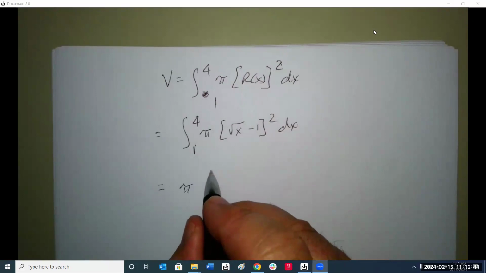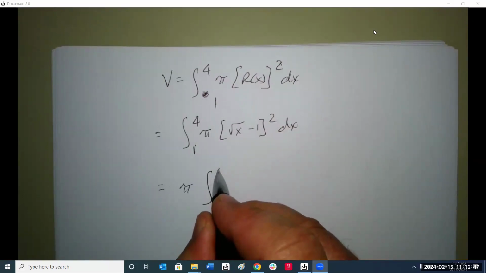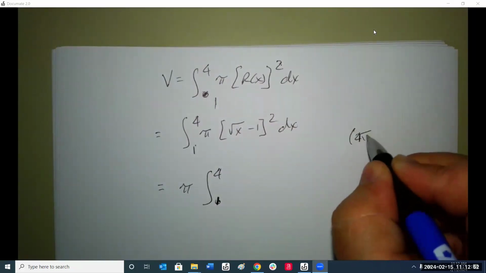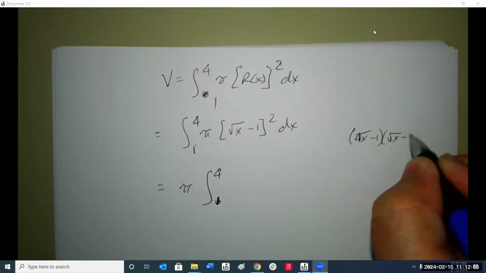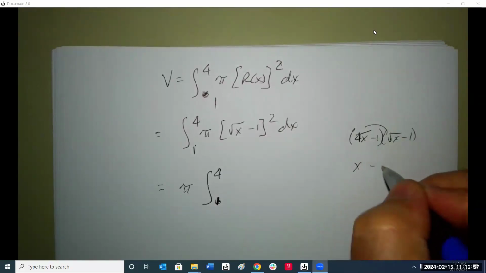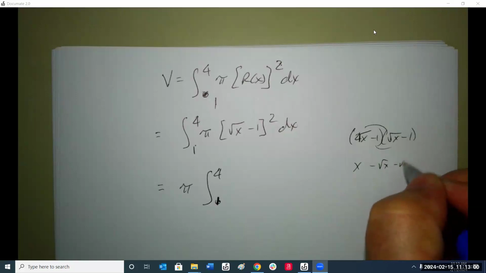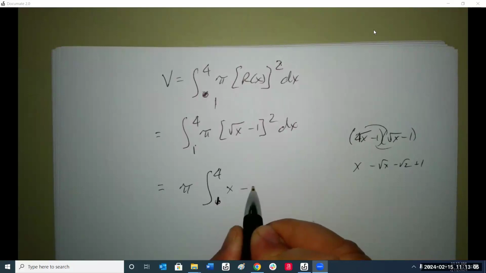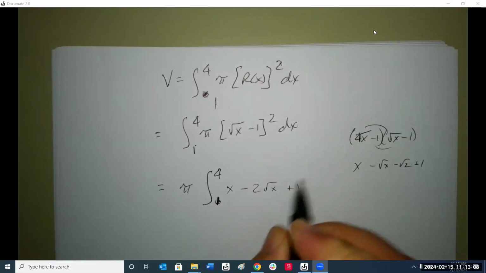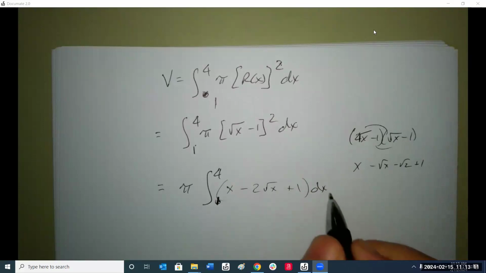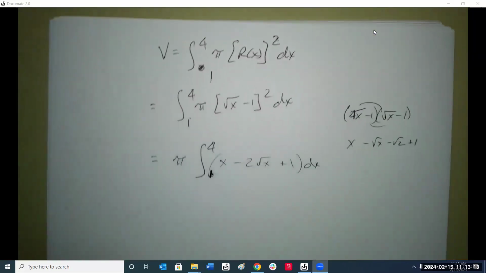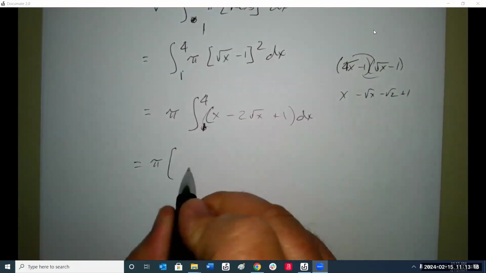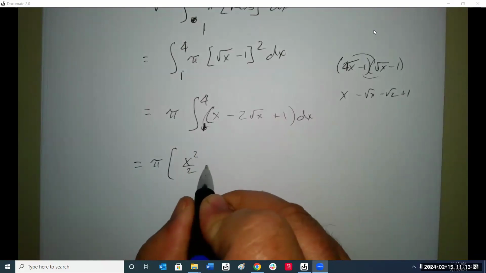I can't do this one directly, so we have radical x minus 1 times radical x minus 1. X minus radical x minus radical x plus 1. So x minus 2 radical x plus 1 dx. Integrate each of those. X squared over 2.